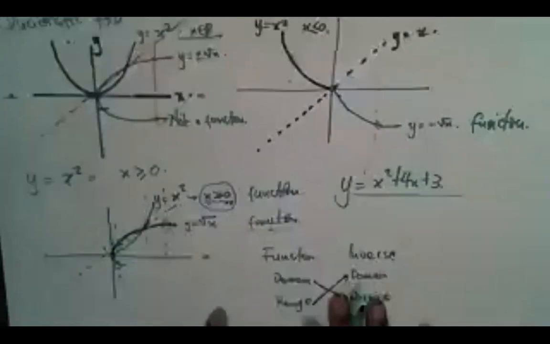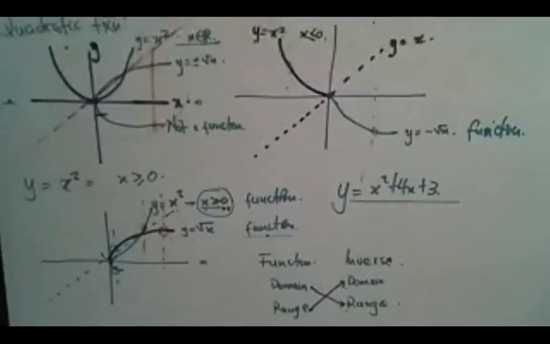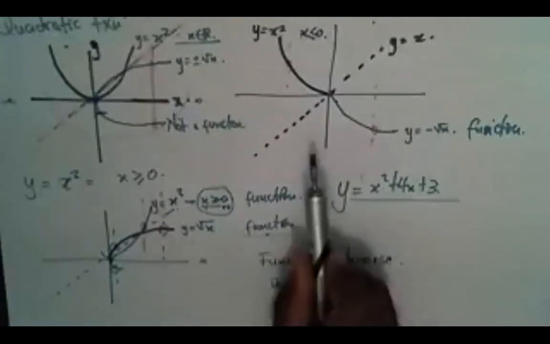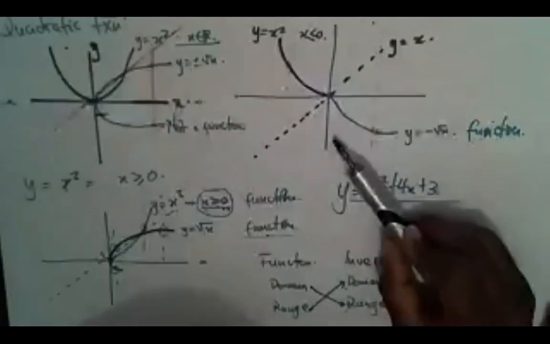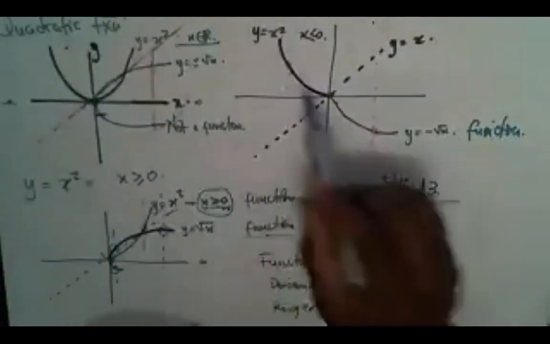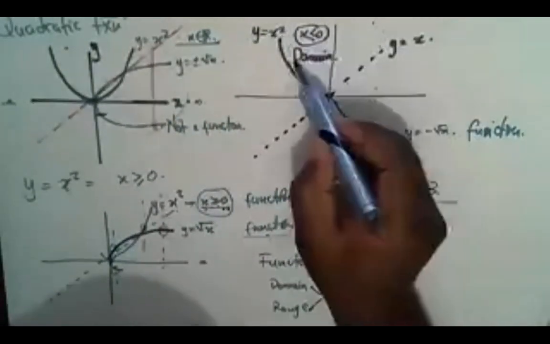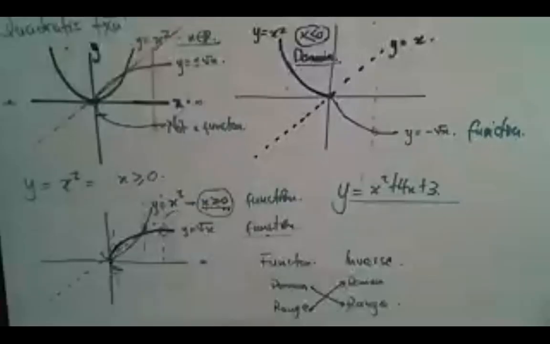Let's get back to what we were doing just now so that we are able to prove this. Right? So if you notice, we said this is the domain, x is less than 0. That's the domain.